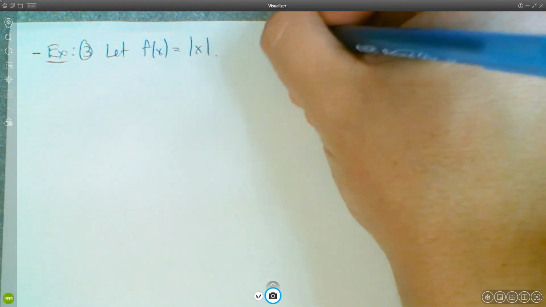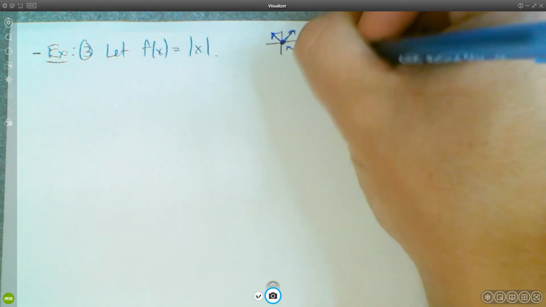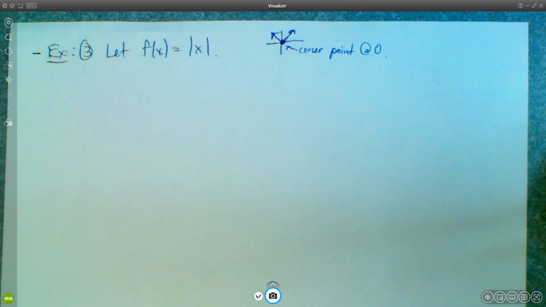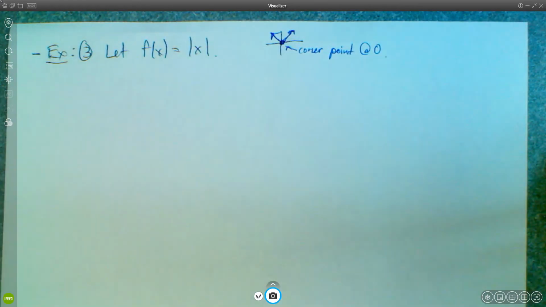It's definitely got a corner point right at 0. So loosely speaking, we know that since it has a corner point, it's not differentiable at 0.